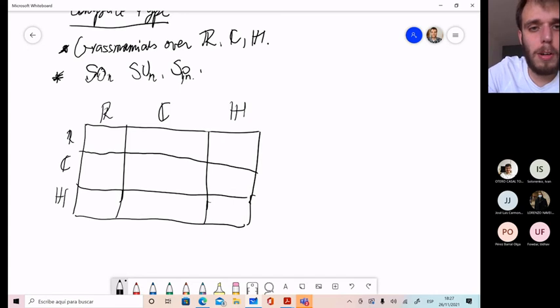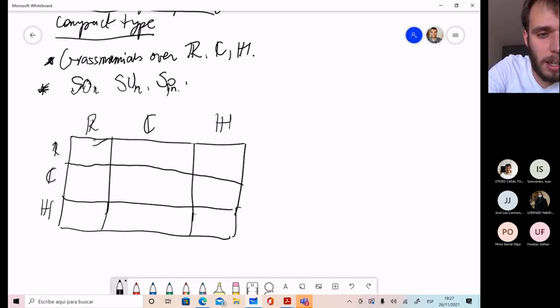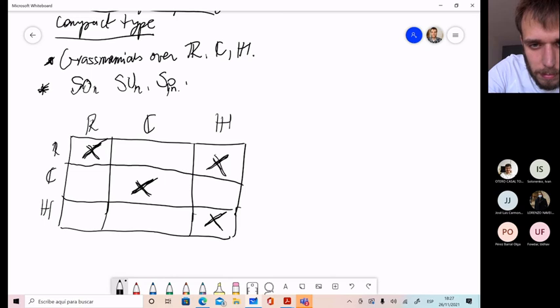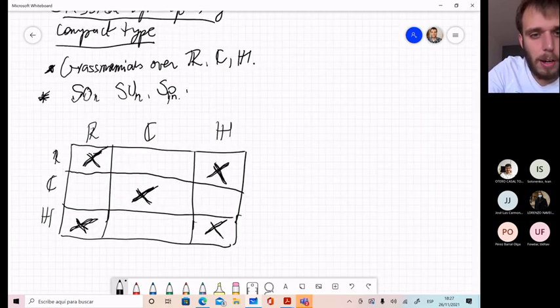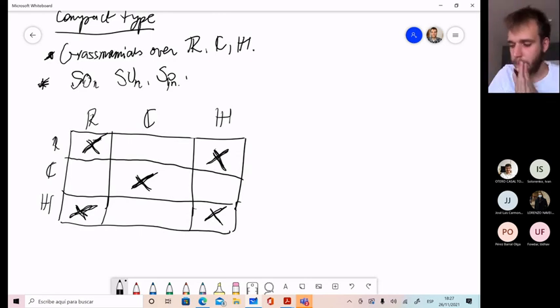And what I'm going to do now is to forget about these blocks. So I'm going to mark them with an X.